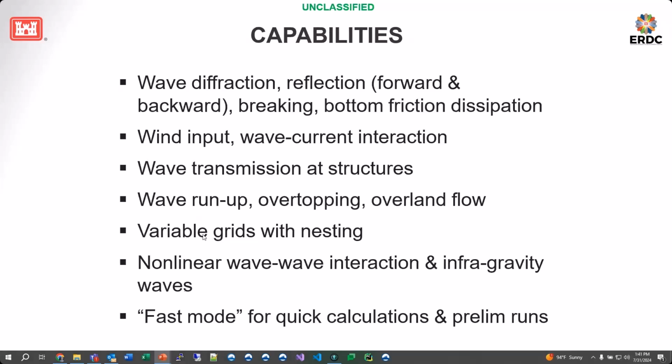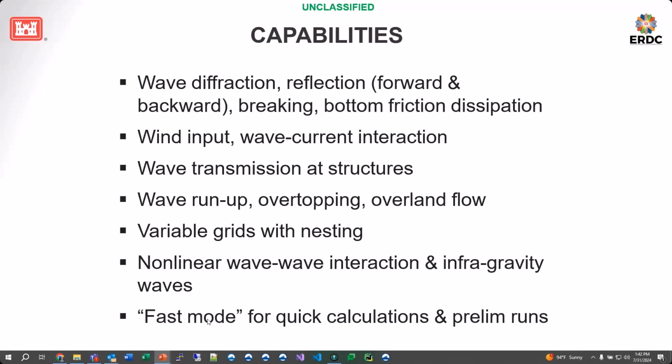We can do the same thing with nested wave grids. And then we have some early infragravity type nonlinear terms that we can turn on to get a little bit better reaction in certain situations, but it needs more testing and more work on that.